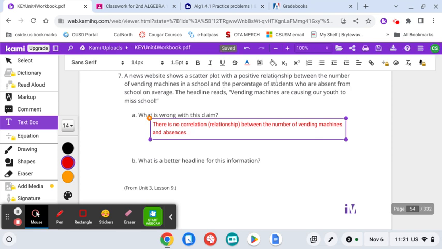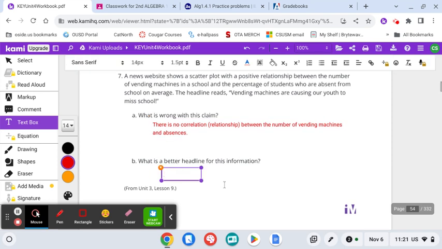If there's a positive relationship between the number of vending machines in the school and the percentage of students who are absent from school on average, I mean, literally there's no relationship.